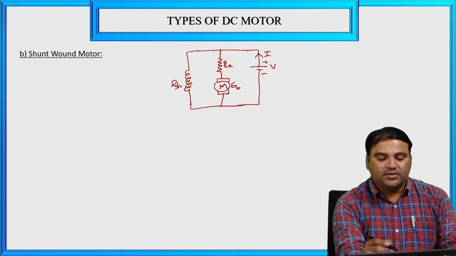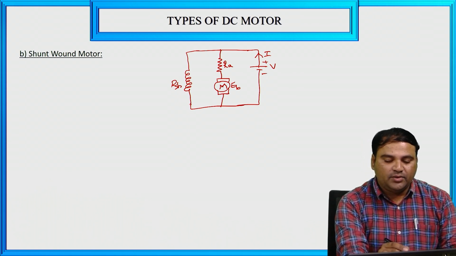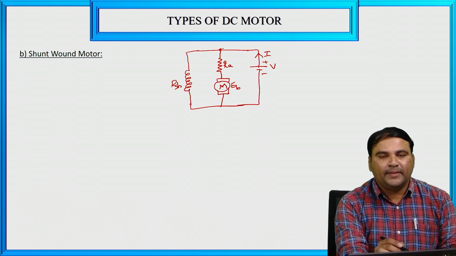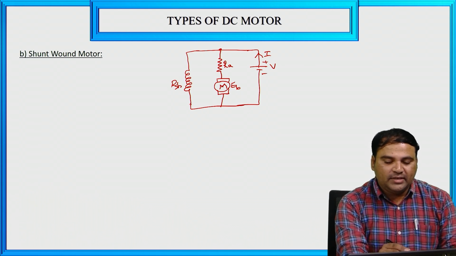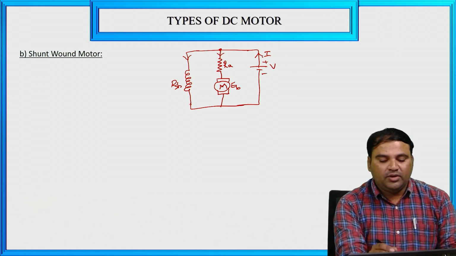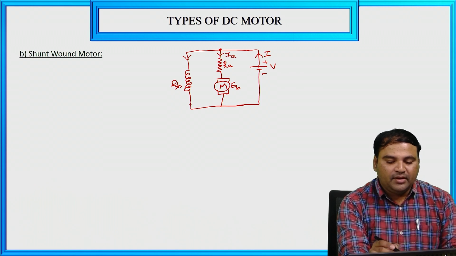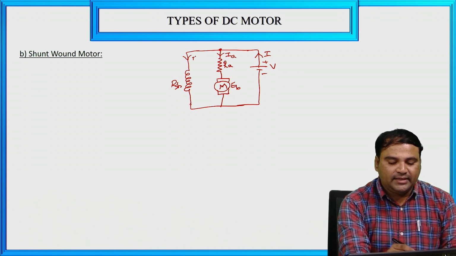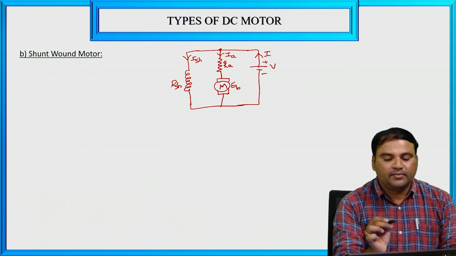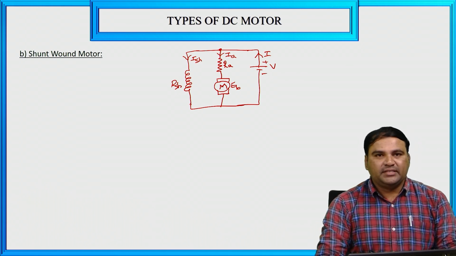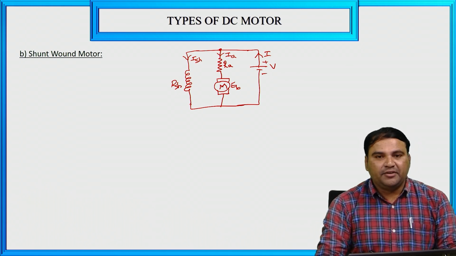The total current I is towards this point, and from this point the current divides. The current through RA is IA, and the current through RSH is ISH. IA means armature current, ISH is shunt field current.